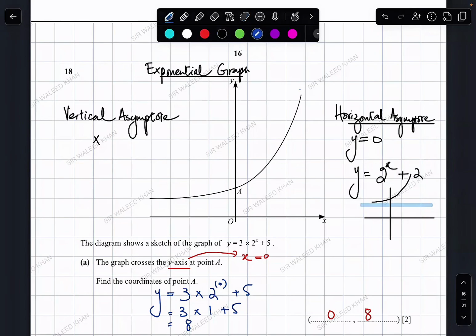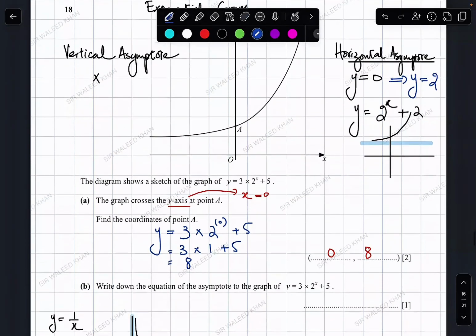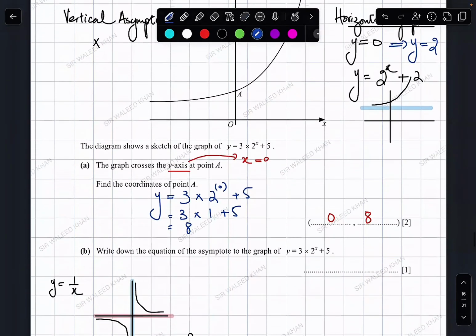So we are dealing with an exponential graph, so no vertical asymptote, horizontal asymptote is y is equal to 0.